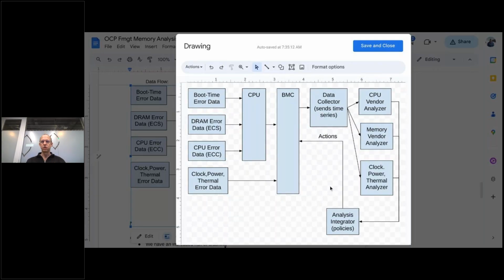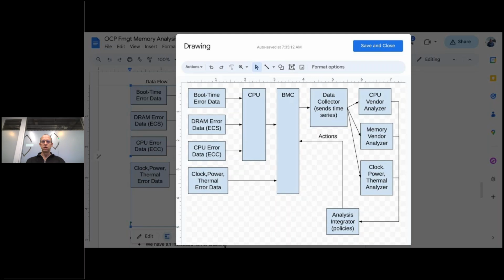So I don't know how this works. There's got to be something that gets which bits were flipped out of a CPU error log, and then that would go to the memory vendor. So there's some relationship here that I've drawn intentionally incorrectly, because I'm hoping we as a group can figure it out and fix it. And then there'll be a clock, power, thermal thing that maybe is related or separate.